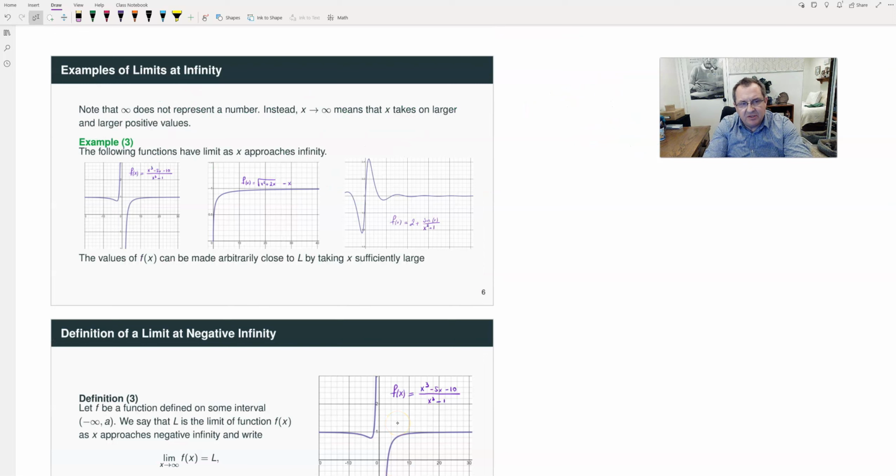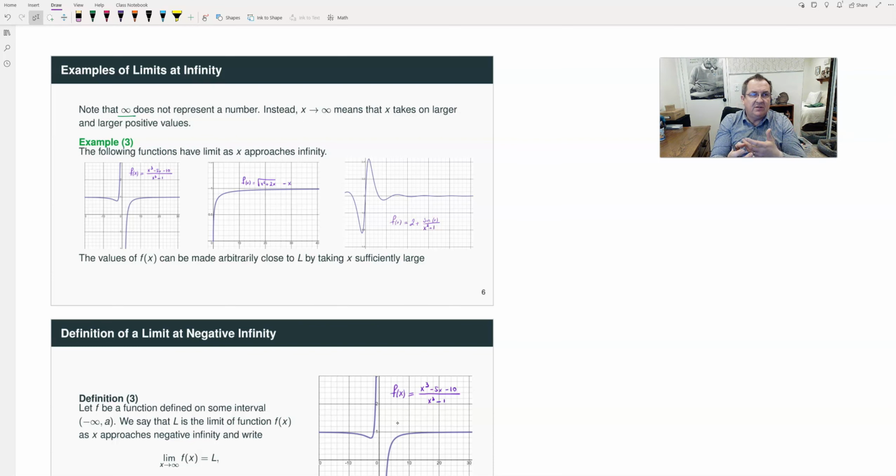Let us consider a few examples of functions that have limits at infinity, as identified by the graphs on the slide. So first of all, we will note that infinity is not really a number. With numbers, you can add them together, subtract them, divide one by another, or multiply them. You cannot carry those operations easily with infinities.